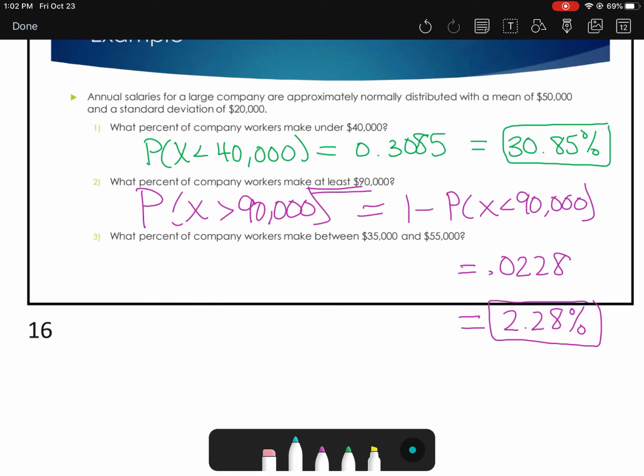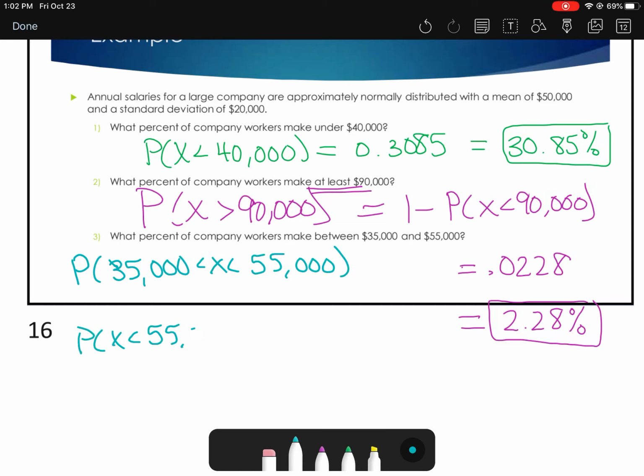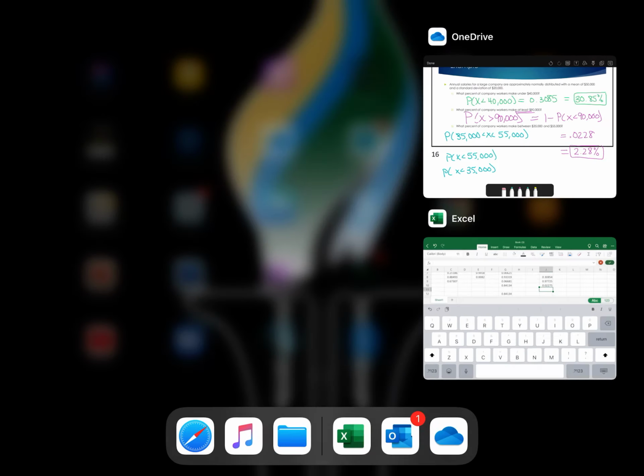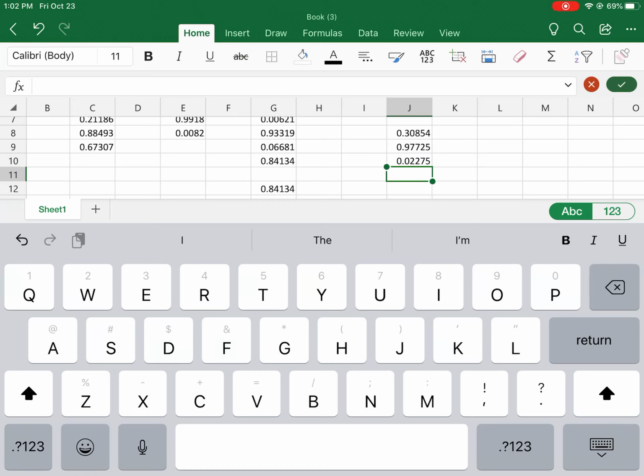So what percent of the company workers make between 35 and 55,000? So again, how I would write that, so it's between 35,000 and 55,000. And remember, you have to find the probability of both, and then we subtract. Okay, so let's go ahead and go here.